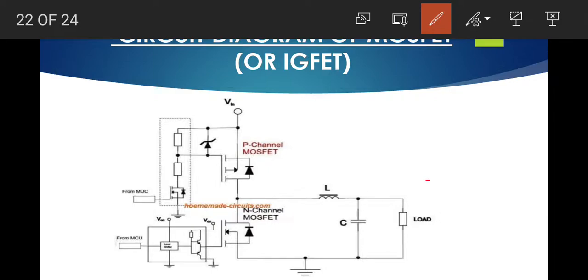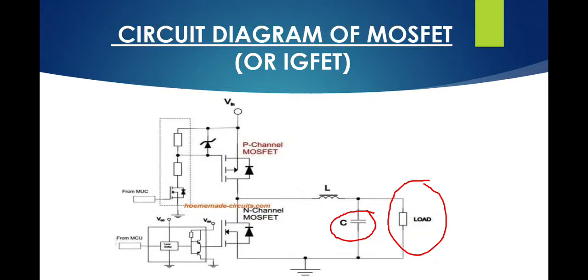You can see the load is here, and from here a capacitance is there, and it starts working. It's a homemade circuit, the diagram is taken from a homemade one, and the current starts flowing through this circuit. This is the circuit diagram of MOSFET or IGFET.